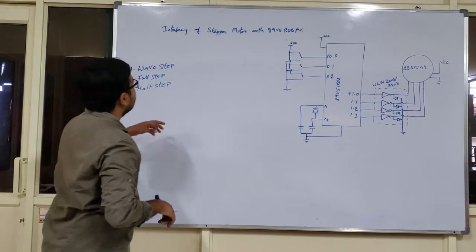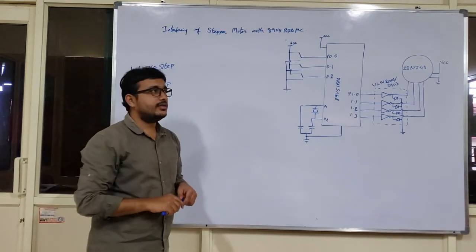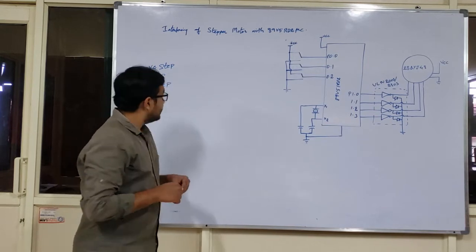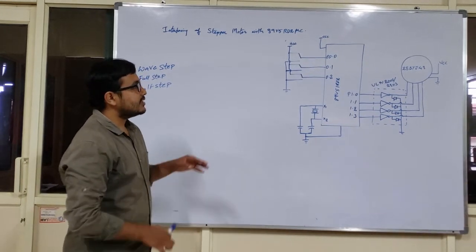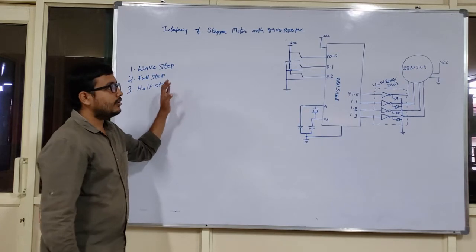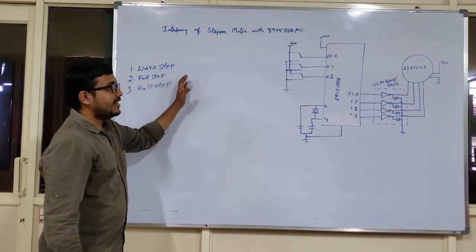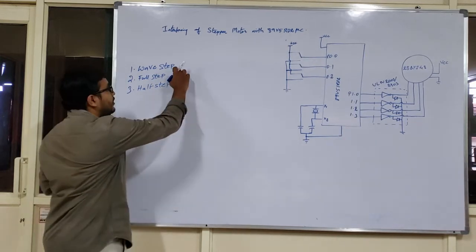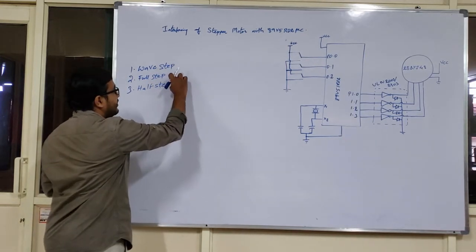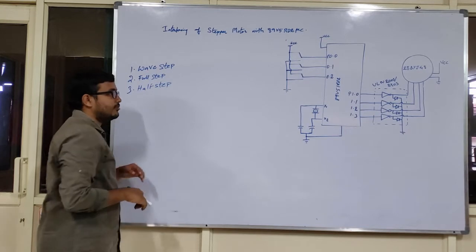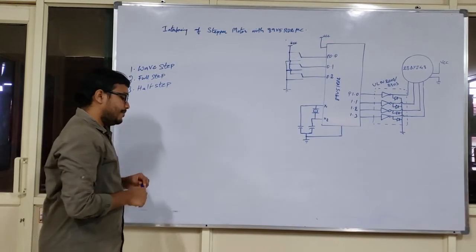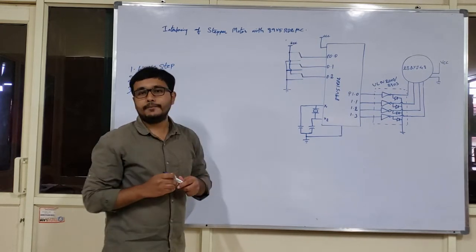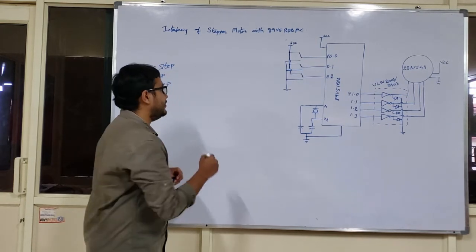So these are the three different excitation modes in which a stepper motor will be getting energized. These excitation modes have an effect on the torque as well as the running properties that the motor will be offering to us. The torque offered by each excitation mode is different or unique.